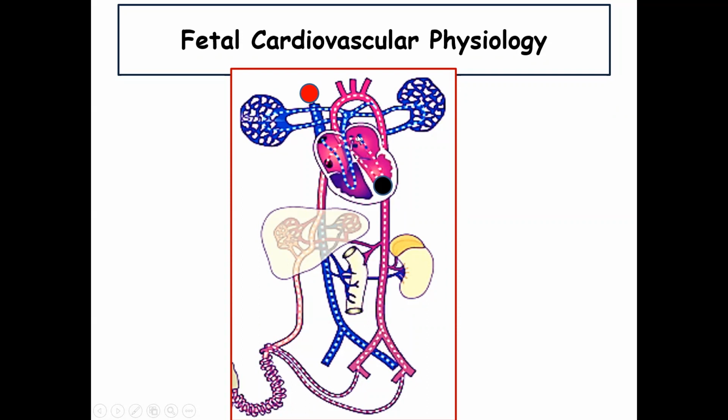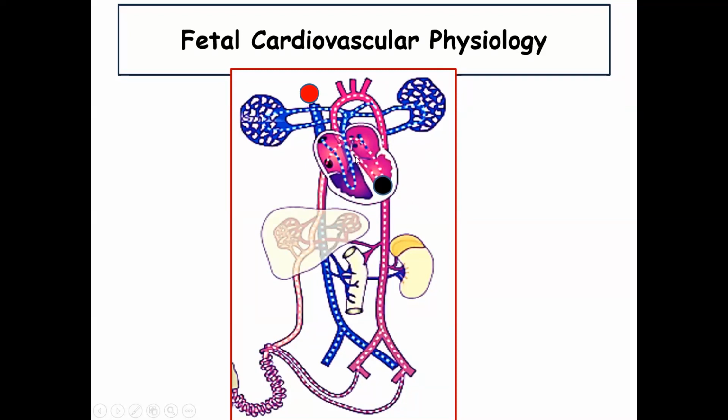But through different valves, the oxygenated blood from the placenta is selectively shunted into the left atrium, whereas most of the deoxygenated blood from the tissues, the upper as well as lower half of the body, ends up moving through the tricuspid valve into the right ventricle.